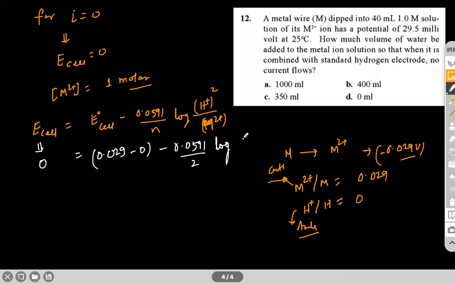Okay, so suppose I'll take it as 1. Let's see what happens. Divided by the concentration of this M2 plus when we add this.